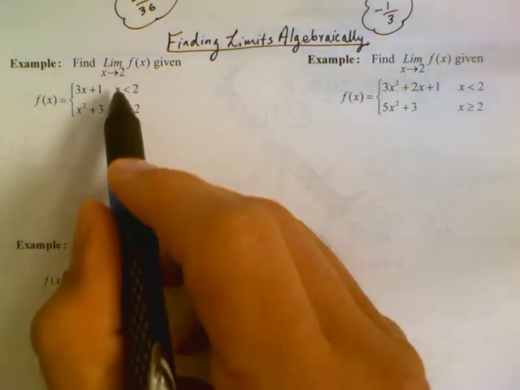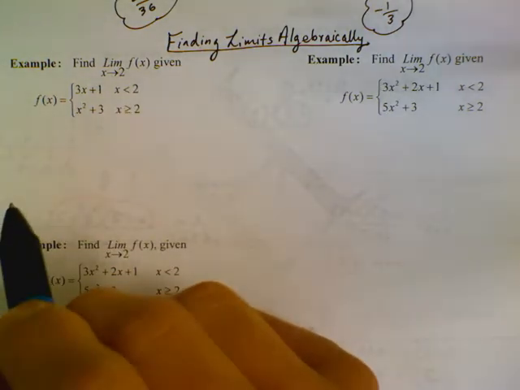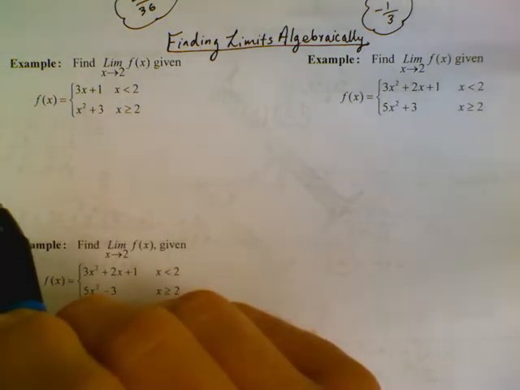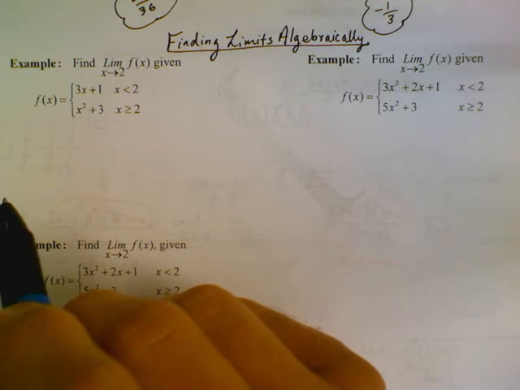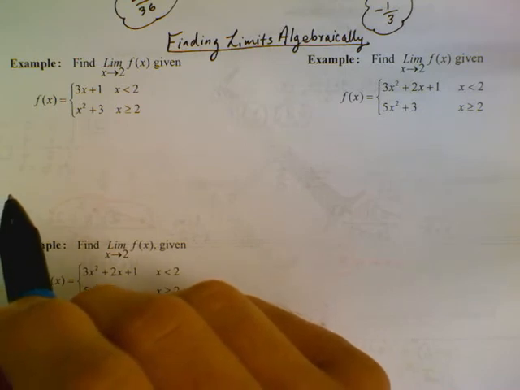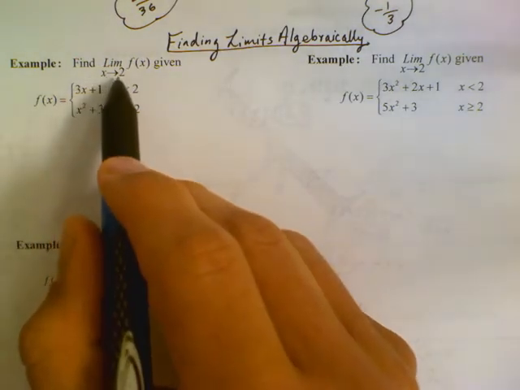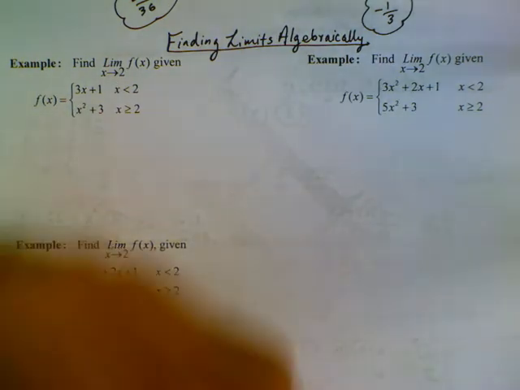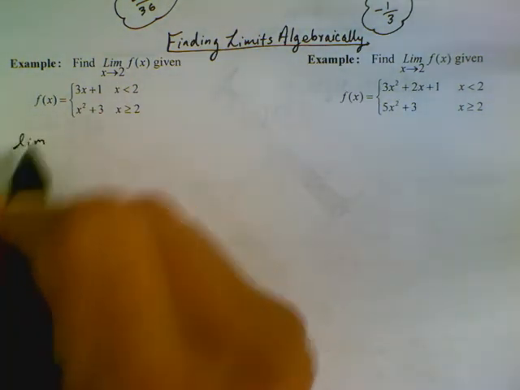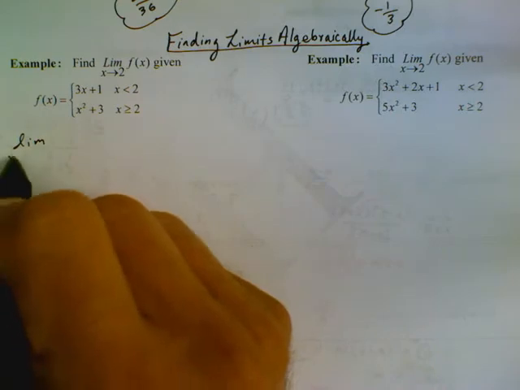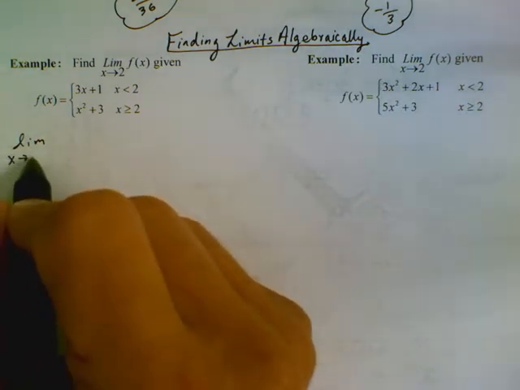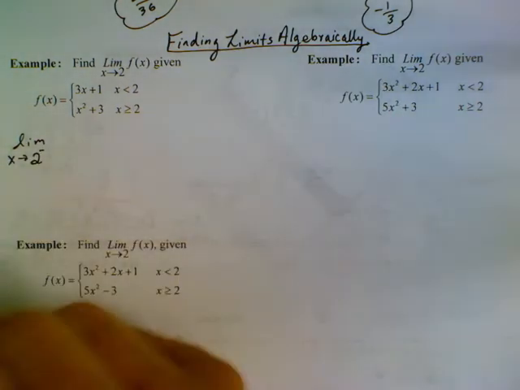All right, so for piecewise functions, there's a little trick to them, okay? We're going to find the limit as x approaches 2. The limit as x approaches 2 from the left, we'll have to compute that first.